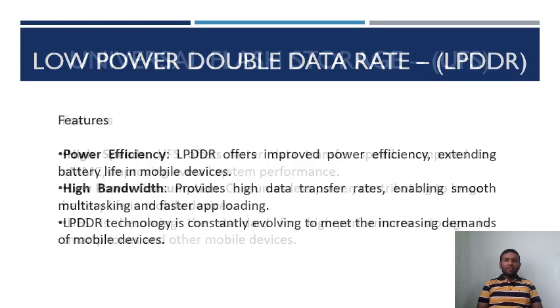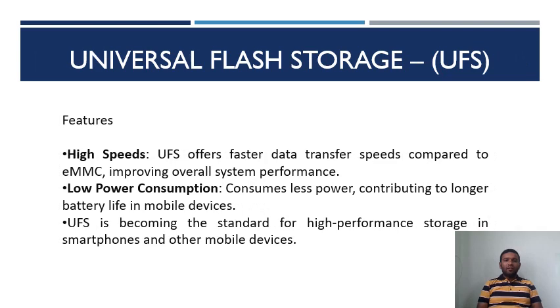The next one is universal flash storage, which is also called UFS. The features of universal flash storage: first, let us see high speed. UFS offers faster data transfer speed compared to eMMC, which is embedded multimedia card, improving overall system performance.